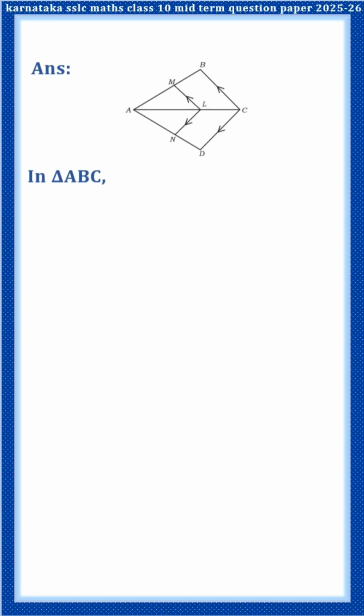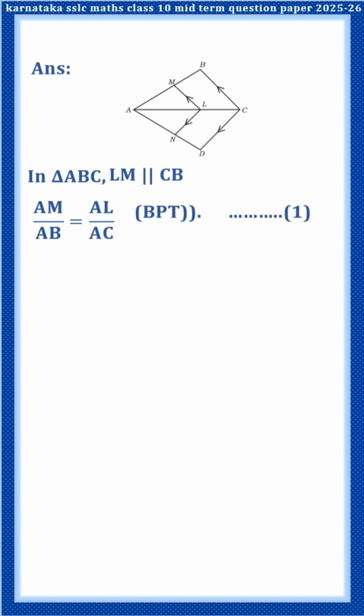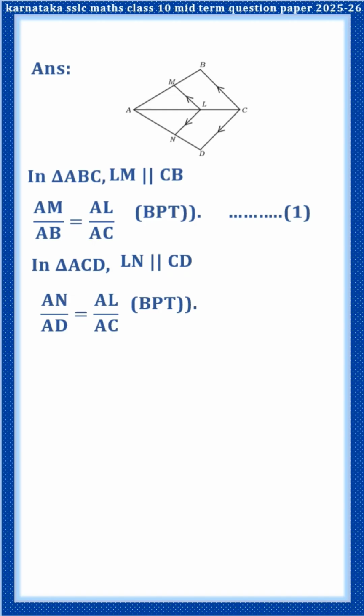Now, in triangle ABC, LM is parallel to CB. We are given. So, AM by AB is equal to AL by AC, because of BPT. Let this be equation number 1. In triangle ACD, LN is parallel to CD. AN by AD is equal to AL by AC, because of BPT.